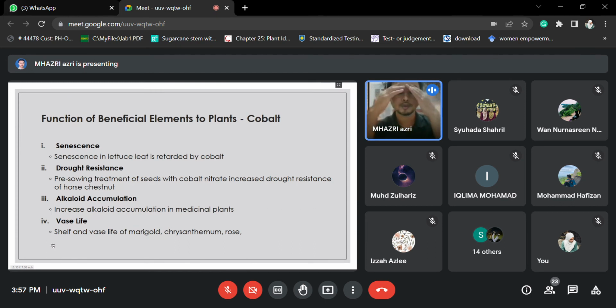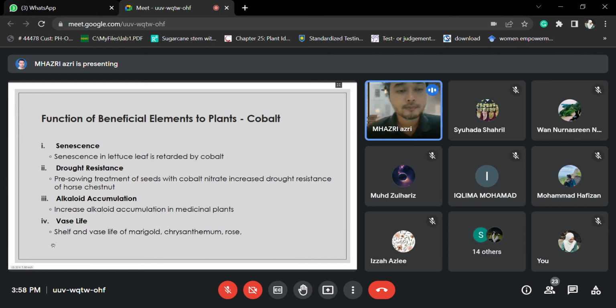Okay, so dia bukan semua jenis tumbuhan lah yang akan menghasilkan positive effect ni. Certain tumbuhan saja. Okay, in this case, kalau kita gunakan cobalt, dia sesuai untuk horse chestnut. Okay, bila kita tanam horse chestnut yang dah dirawat dengan cobalt ni, kita akan dapati pokok horse chestnut ni dia ada better resistance toward drought stress.